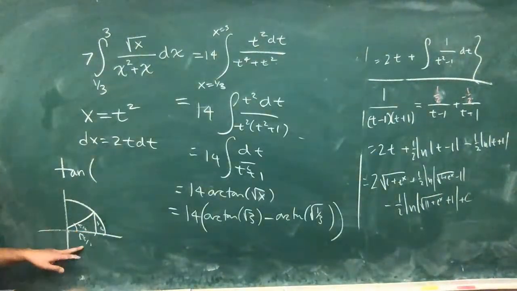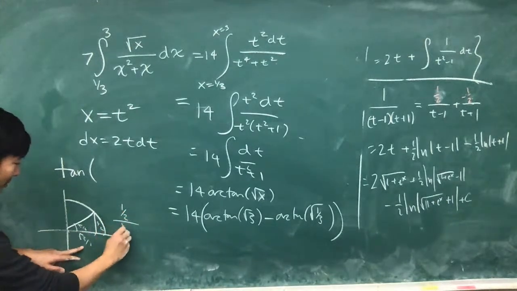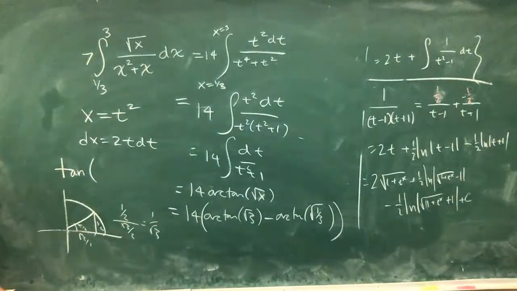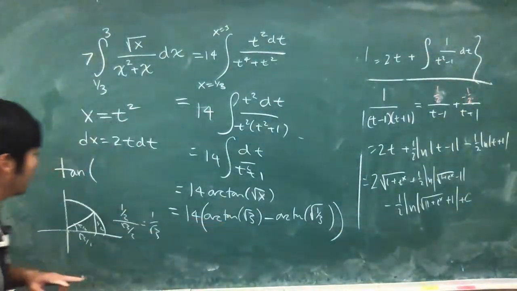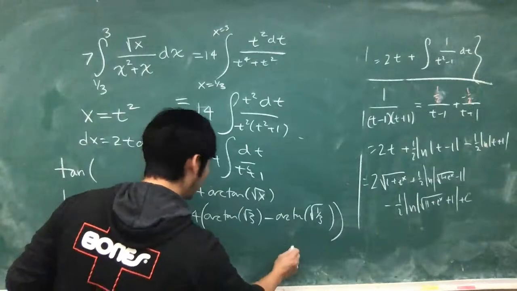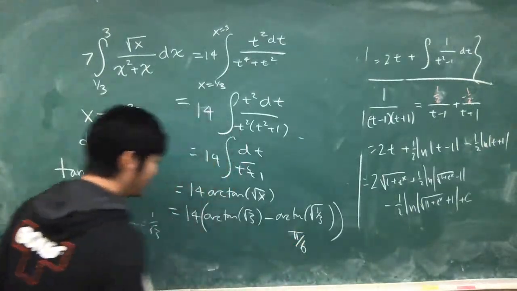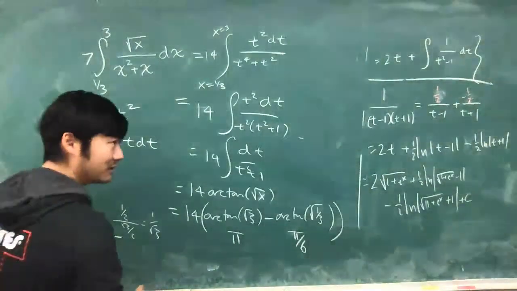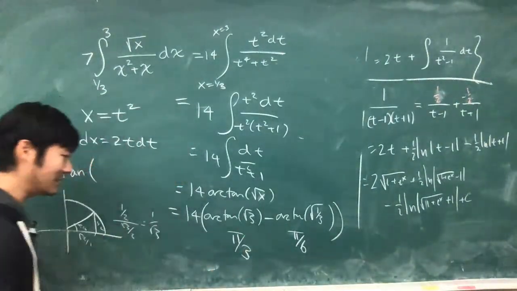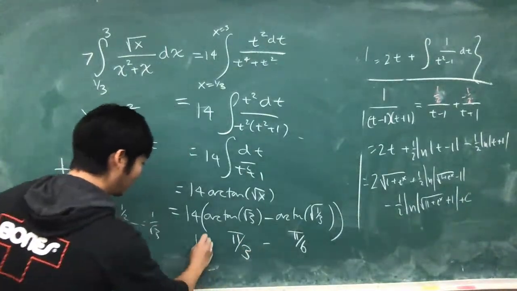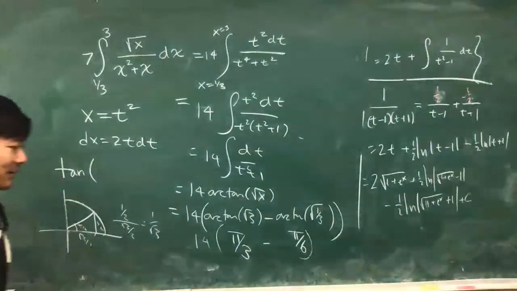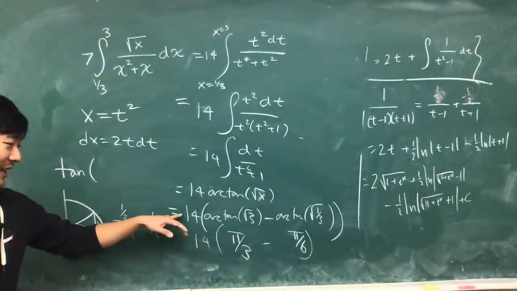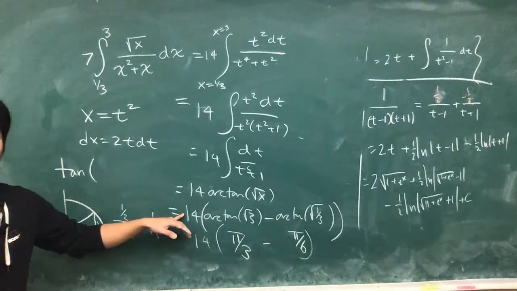So opposite over adjacent, 1/2 over root 3 over 2, so this is just 1 over root 3. So this is pi over 3. No, 6. And then this will be a complementary angle or supplementary angle, whichever one. So it's this and then 14 times this. So you should plug that in if you're a pro. But if you aren't a pro, then you should just plug that in. You'll get the right answer.